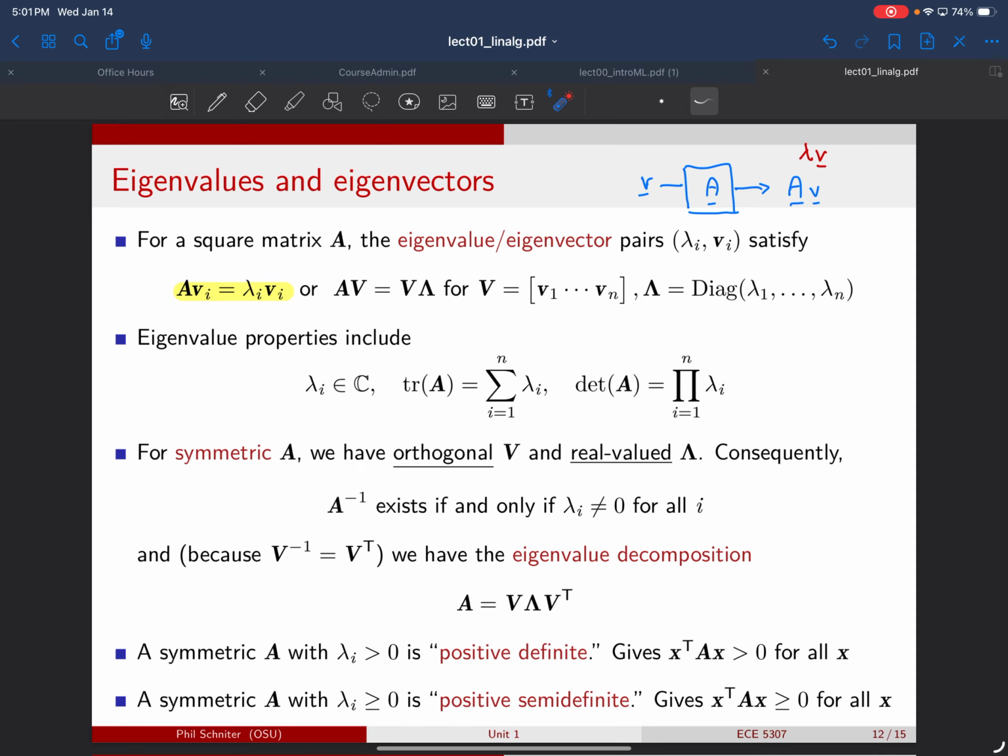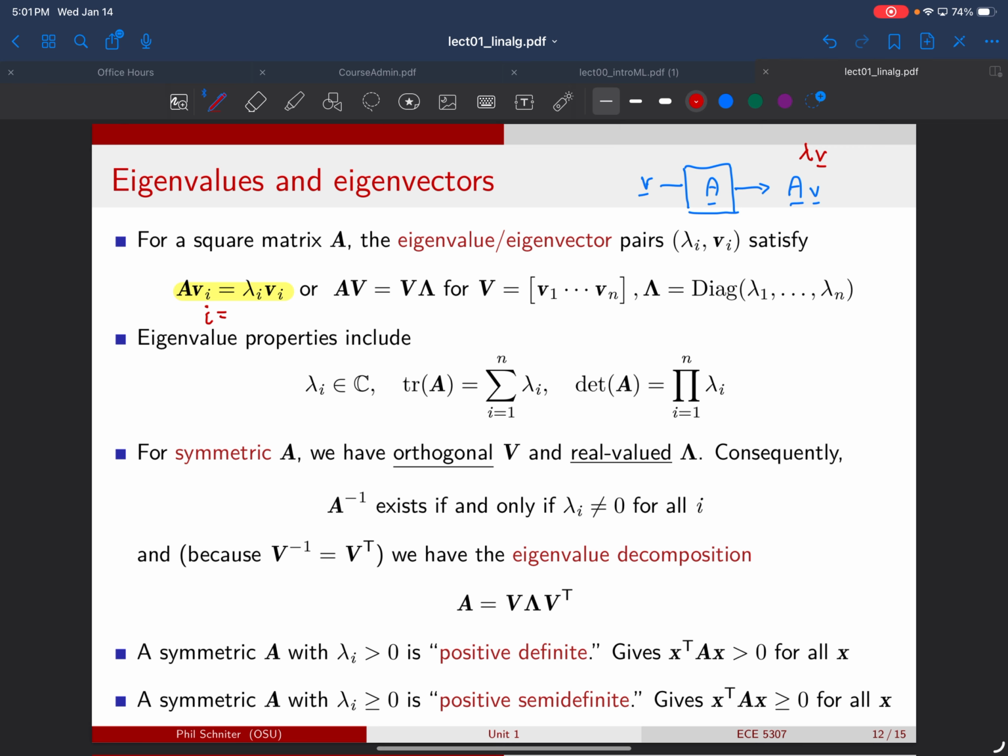Okay, so if I have a square matrix of, let's say, dimension n by n, I can get this to happen with possibly up to n different vectors v. And if I stack those n vectors, little v, into this matrix, capital V, then I can express this whole thing.